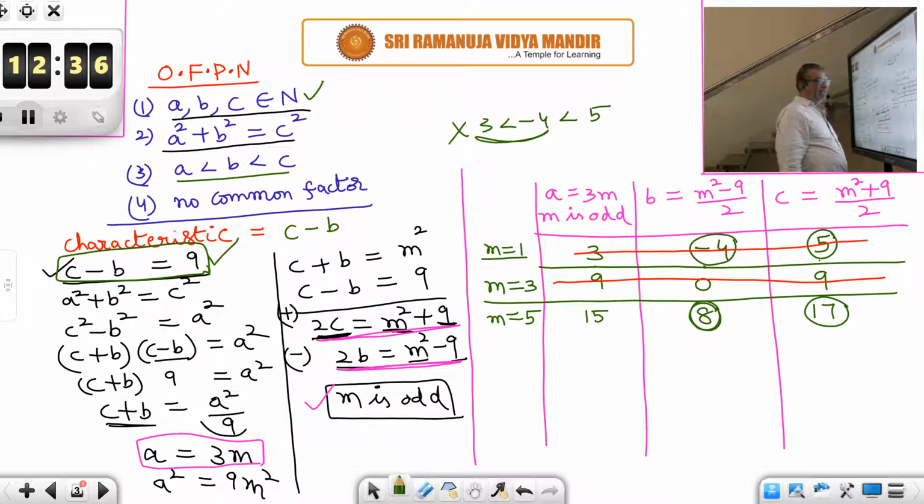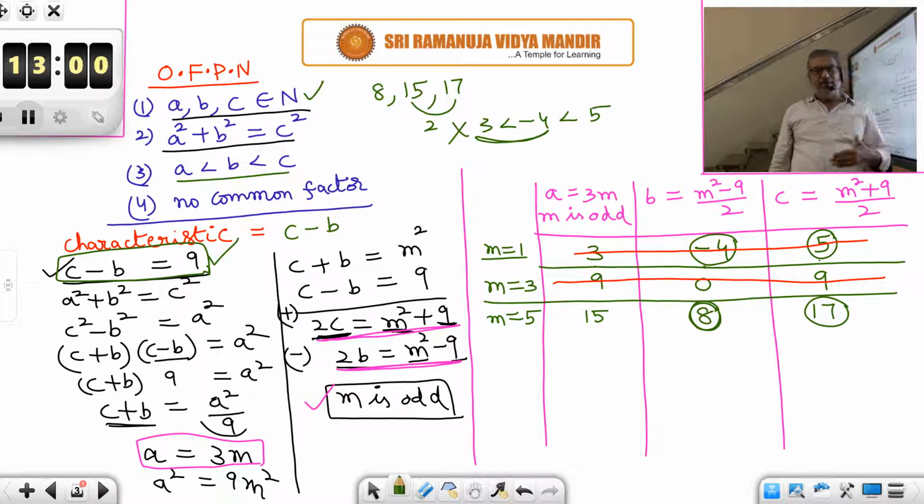15, 8, 17. So this is also not correct because actually these are the numbers 8, 15, 17. Between 17 and 15 the difference is 2, characteristic 2.